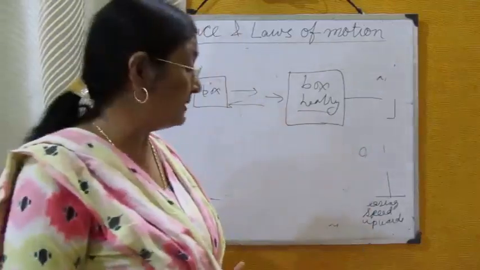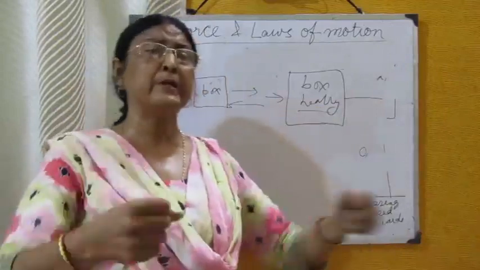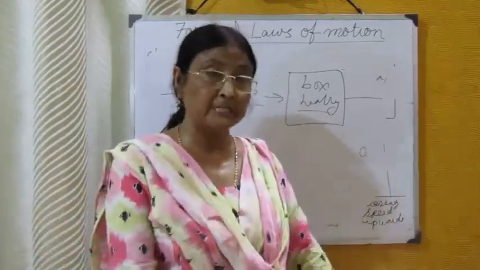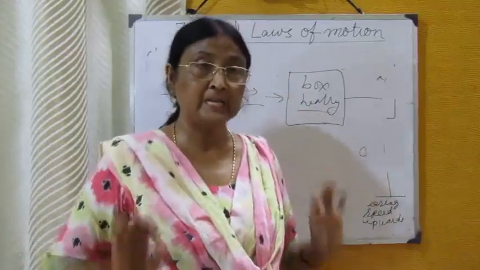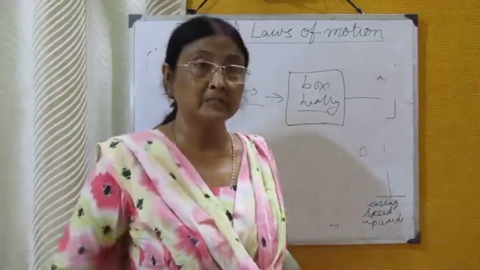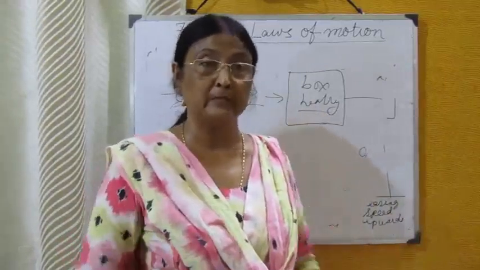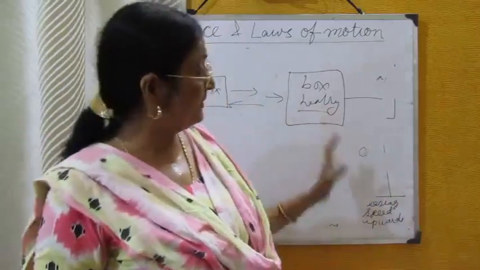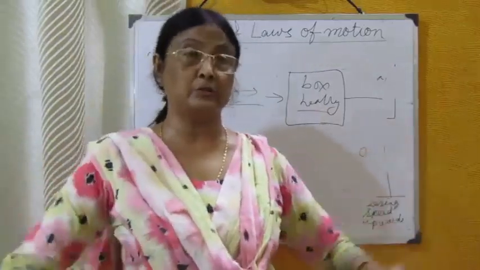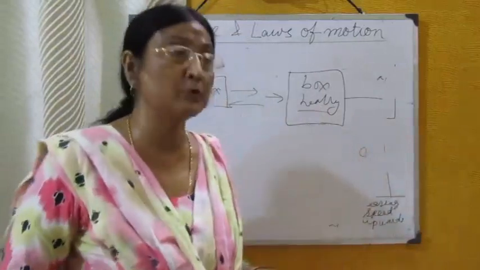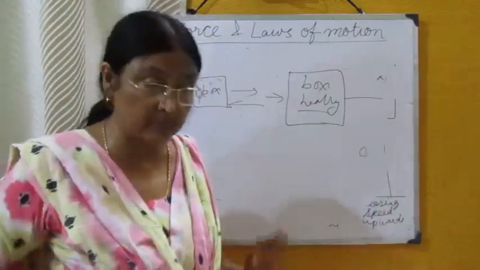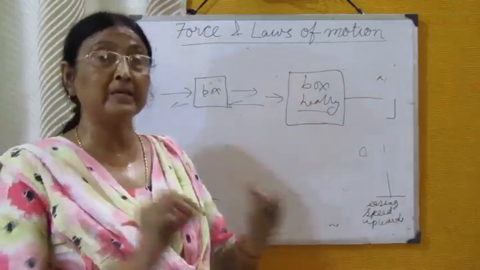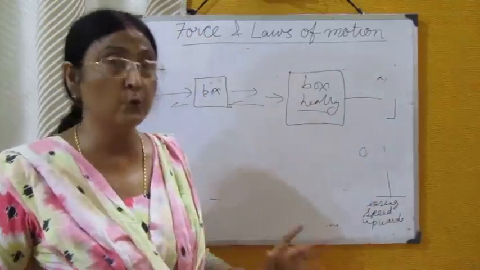Now I am giving you many examples. Suppose on a swing: if it is a small kid, I can easily make the boy or girl swing. But in place of the small kid, if I put a heavier person, is it possible for me to swing that person as easily as I did the kid? No. Why?